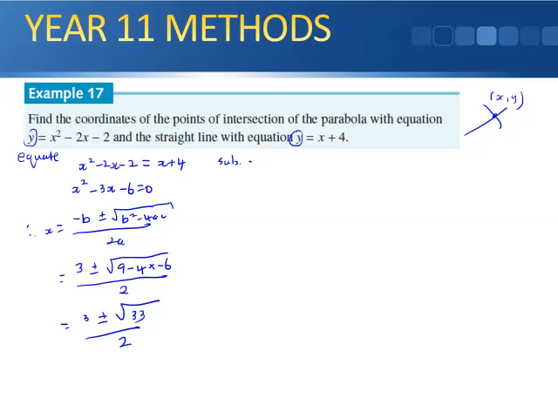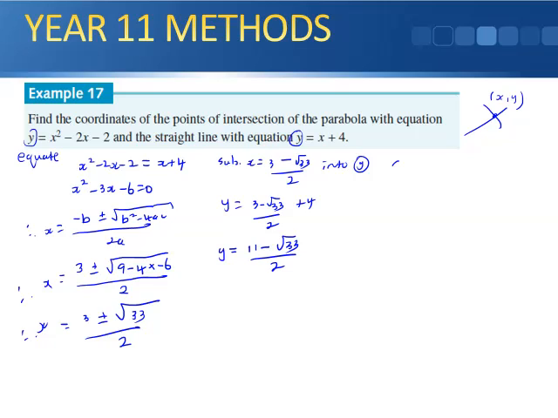Okay, now you can find the y by substituting. x equals 3 minus the square root of 33 over 2 into y, and we get y equals 3 minus the square root of 33 over 2 plus 4, and you'll get this point, y equals 11 minus the square root of 33 over 2.